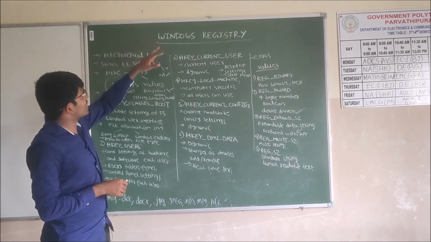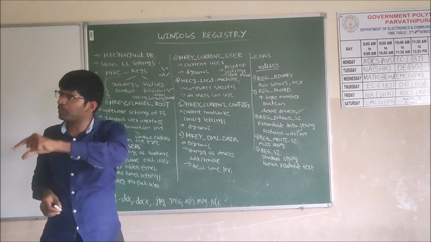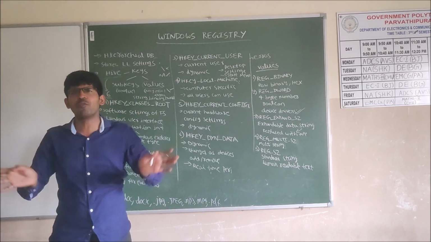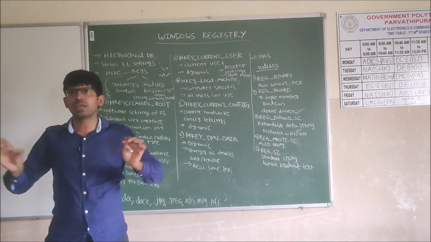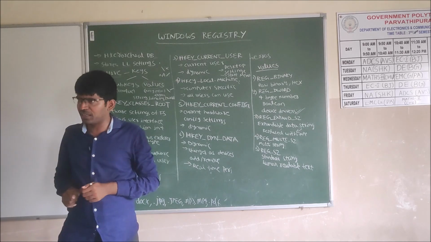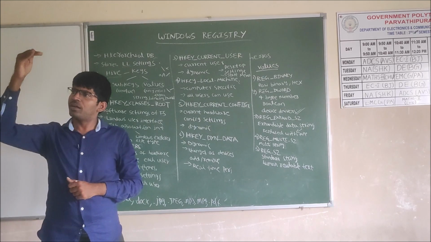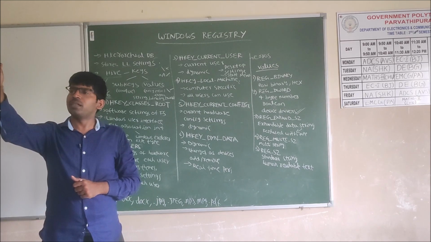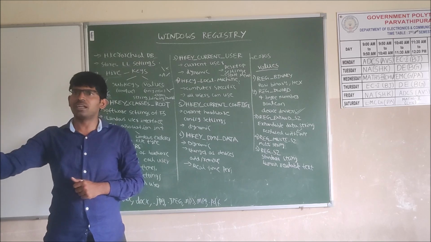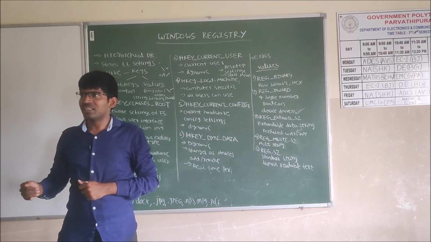So this registry is a hierarchical database. Database means nothing but a group of values. Data we are storing there. Why are we calling it hierarchical? Hierarchical means grandfather, next parents, next children. This is the hierarchy.